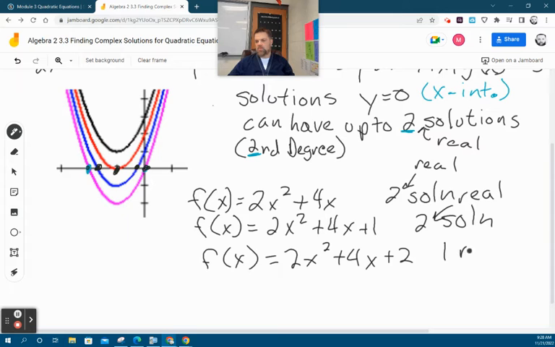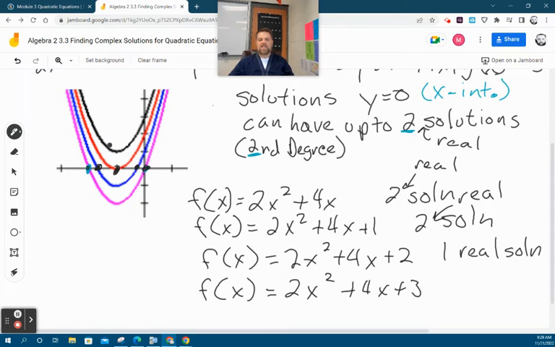So that's one real solution, and that's probably a multiplicity of 2. And then the next one is f of x equals 2x squared plus 4x plus 3, and that has no real solutions.